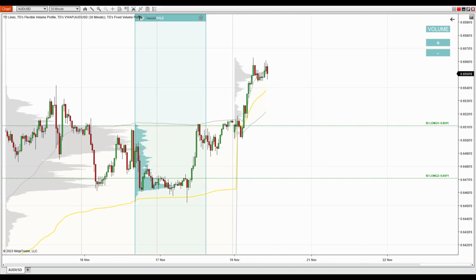Now, regarding the second support, the logic is very similar. We have a rotation with heavy volumes and aggressive buying activity starting from that heavy volume zone. So this is saying that buyers were building up the long positions in here, and then they pushed the price aggressively upwards.